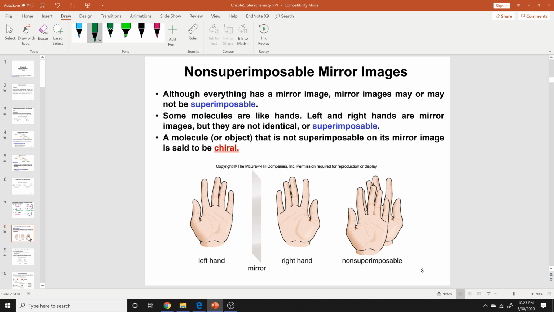Its image is going to be the right hand. So if you take the left hand and put it on top of the right hand, you can see that your hands don't align with each other. This is the term we use to say the molecule and its image are not superimposable.